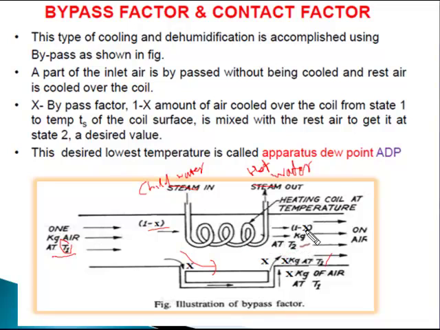Then finally we get 1 minus x kg of air at T2 temperature and x kg of air at T1 temperature, and now both will mix. Finally here we get the temperature T2. This is the lowest temperature of the coil, and that temperature is known as the ADP.